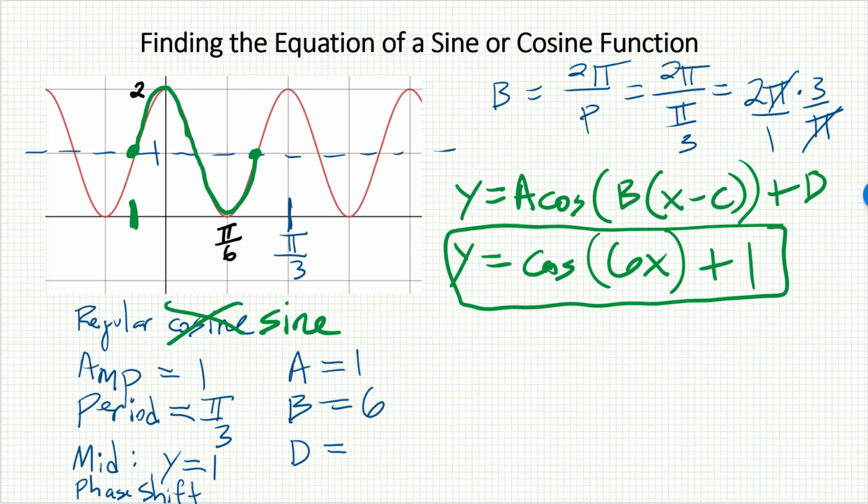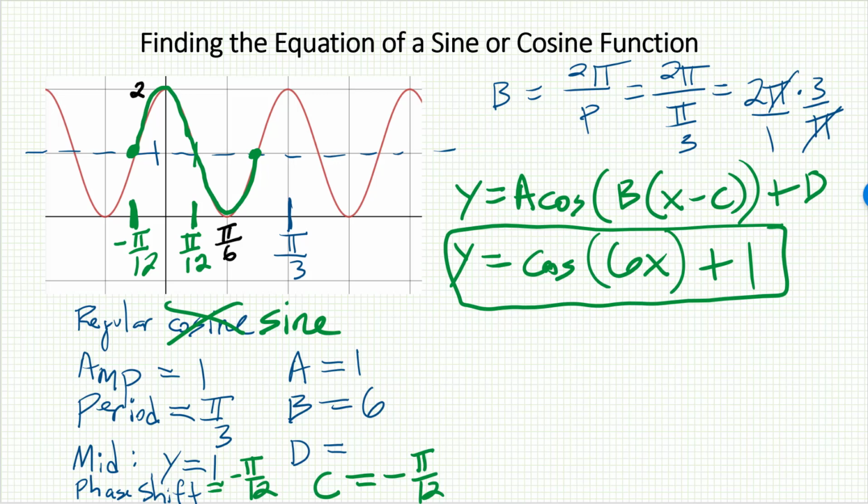I know what that is because in my scaling here, this would obviously be half of the pi over 6, which is pi over 12. This is just the corresponding spot on the other side, negative pi over 12. So clearly this thing has been shifted pi over 12 to the left. The phase shift is negative pi over 12, which means that's the C, negative pi over 12.